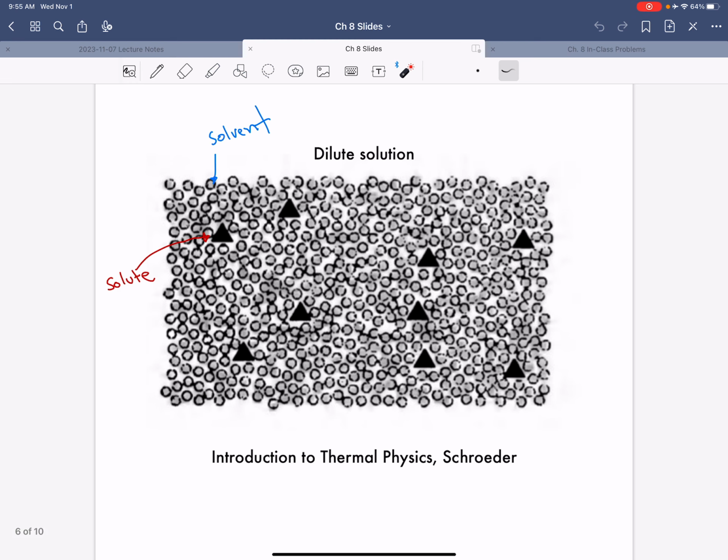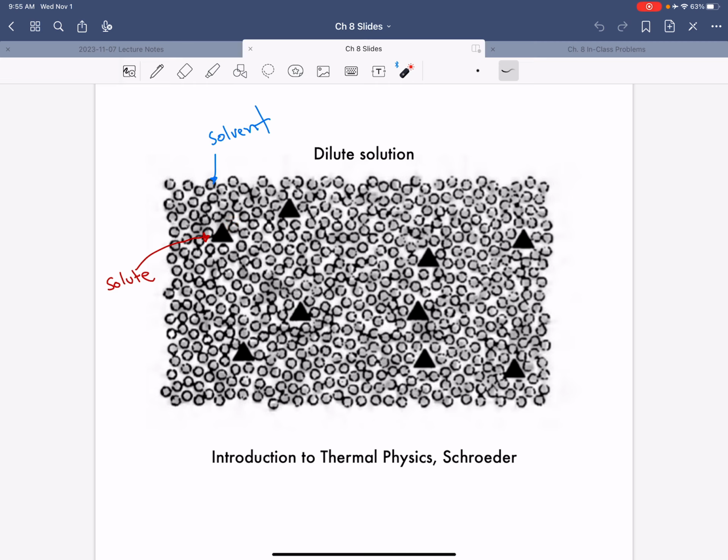In this illustration, we have a solution in which the triangles represent the solute and the spheres represent the solvent. For the most part, the system is dilute in the solute, so a solute molecule is typically surrounded by a lot of solvent molecules and usually only sees solvent molecules.